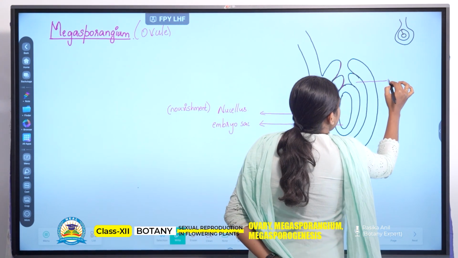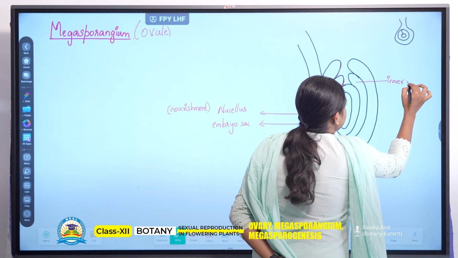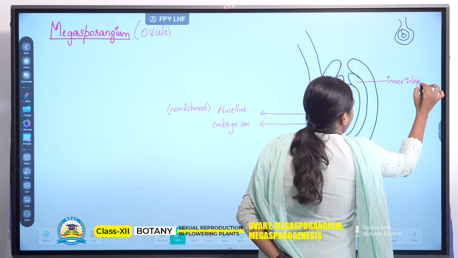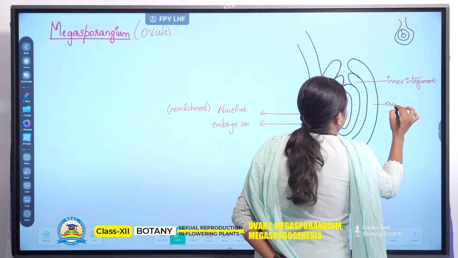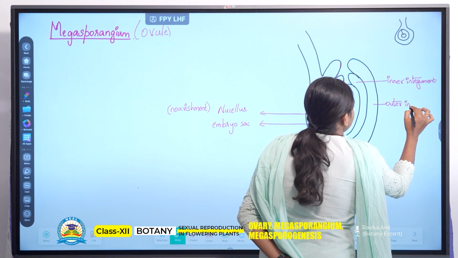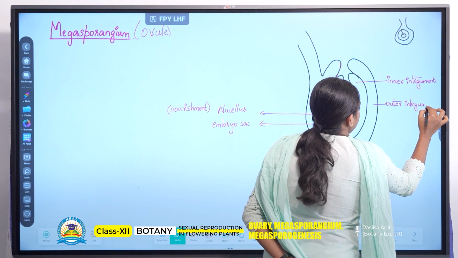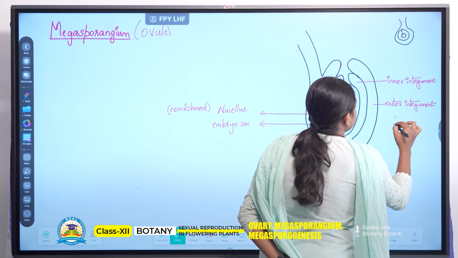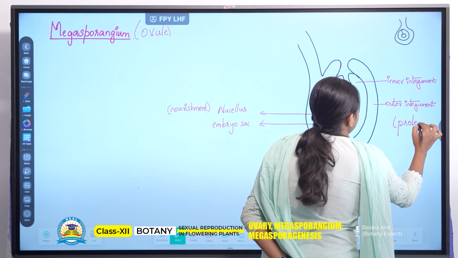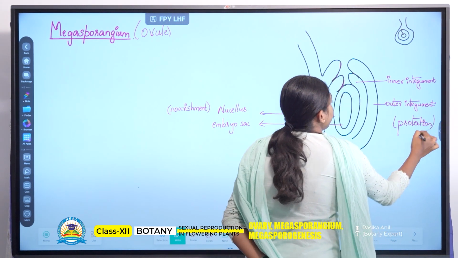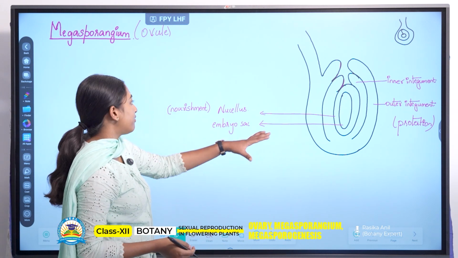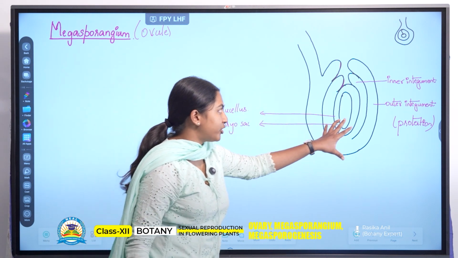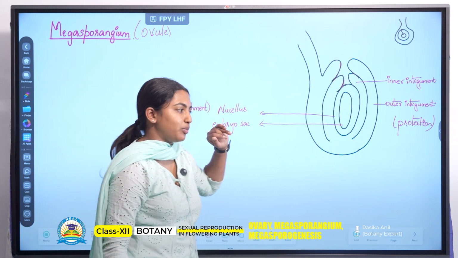This will be your inner integument, right? And outer to that you will have this one. This is your outer integument. And what is the function of this integument? It is for protection. Even for sporogenous tissue, we had 3 layers of protection, right? The same way for embryo sac also we have protection, that is the outer and inner integuments, right?